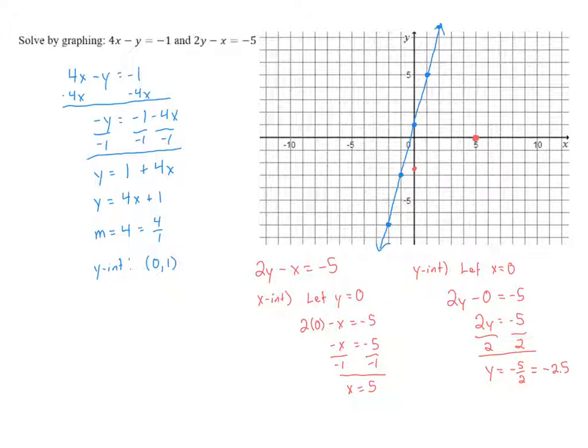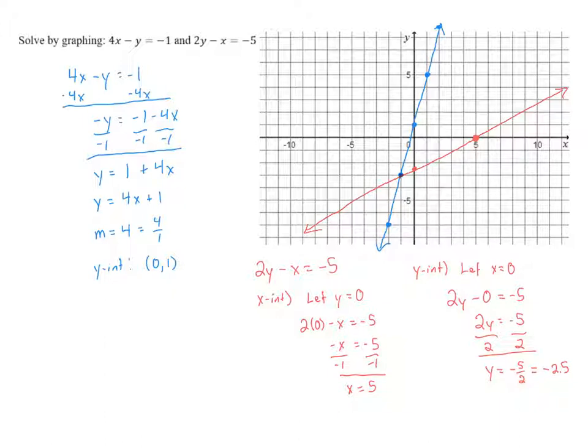And if we connect these dots, let's see, I'm not doing this as accurately as I could. Again, it's difficult on an iPad. But if we connect the dots, we see that these two lines do intersect.